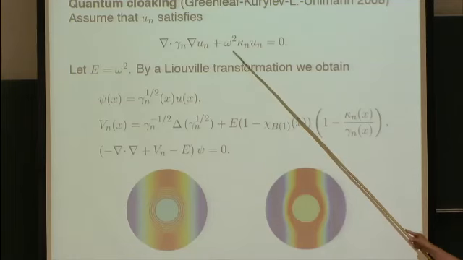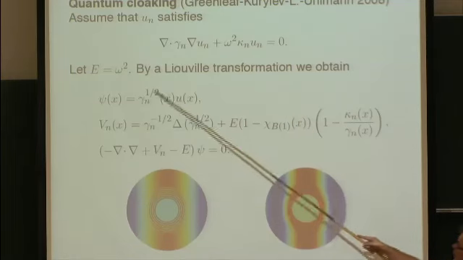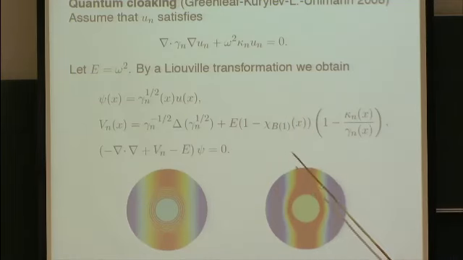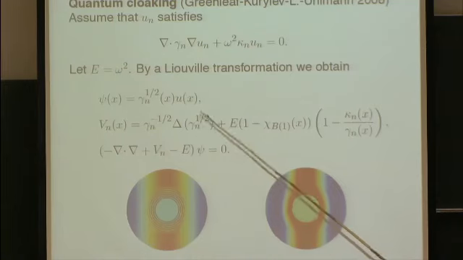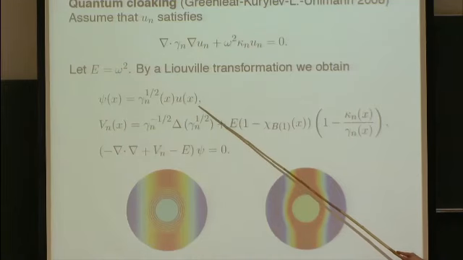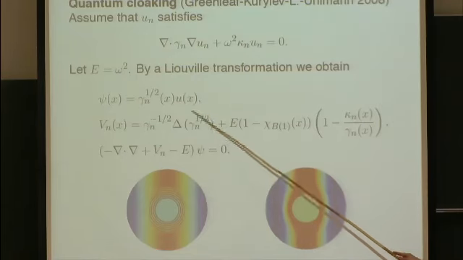We consider that this omega squared is the energy, E, and I introduce a new function psi. It is the solution of the acoustic equation multiplied with the square root of the conductivity.